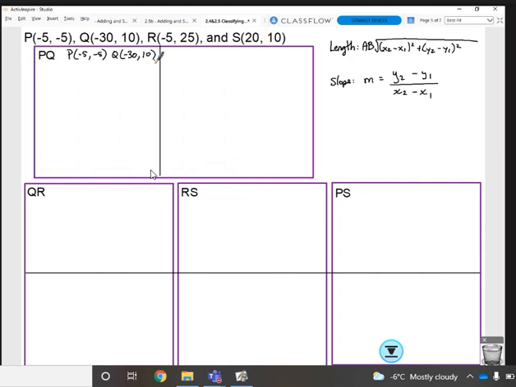So in this box, perhaps we can do length. In this box, we'll do slope. x2 minus x1 squared plus y2 minus y1 squared. And I'm going to go up here and say, okay, x1, y1, x2, y2.